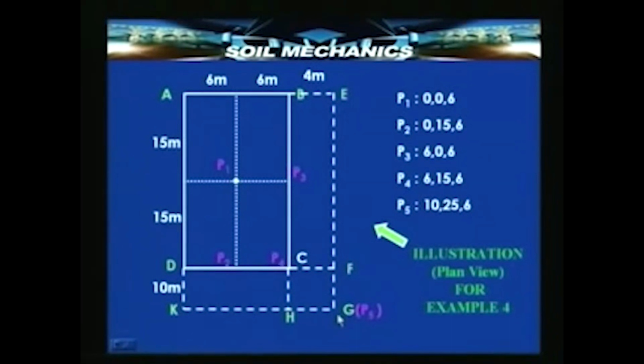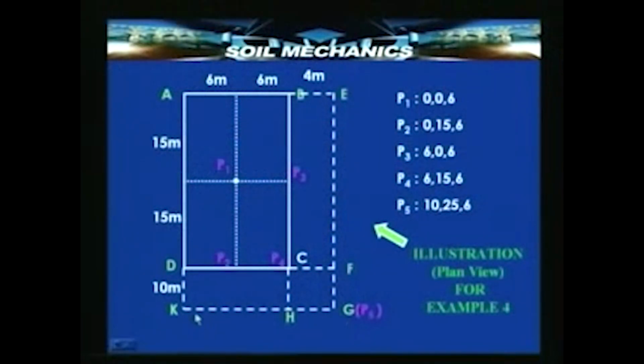As far as point G is concerned, we need to do this in 2 stages. For example, AEGK can be considered to be one rectangle where G is below one of its corners. However, the given loaded area is only ABCD. So, if we take a larger area AEGK, we will be overestimating the stresses at the point G. So, now we need to subtract from this the stresses that we have obtained in addition because of considering a larger area.